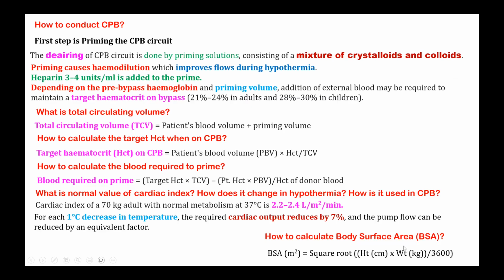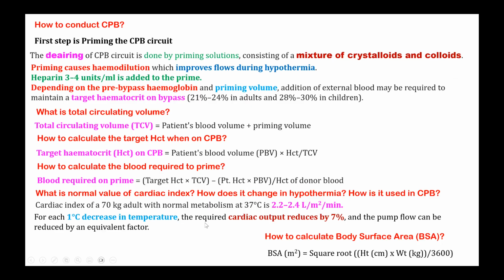So first you do this calculation, height in centimeters multiplied by weight in kilograms, divide that by 3600. Whatever value you get, you take the square root of that. Then you get the BSA.